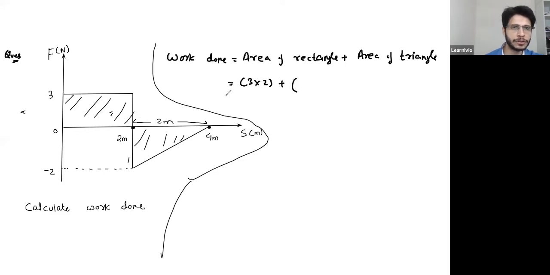Area of triangle is half base into height, half into 2 into 2. But we will take this area as negative because it is below the displacement axis. So this is 6 minus 2, that is 4. So this is the work, area of rectangle minus area of triangle. That's work from a force graph.